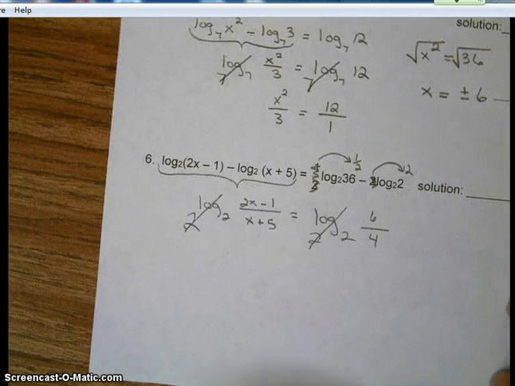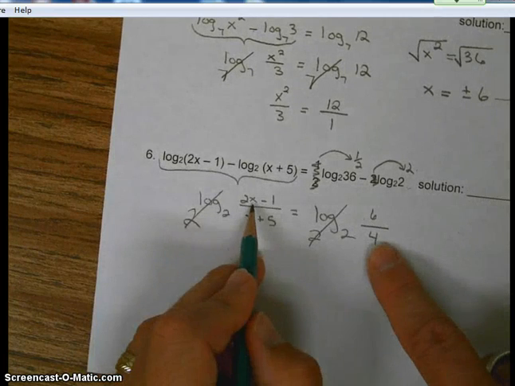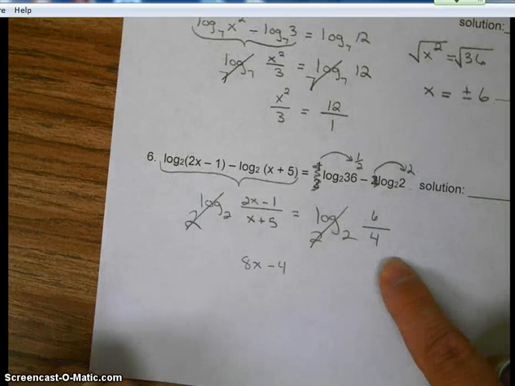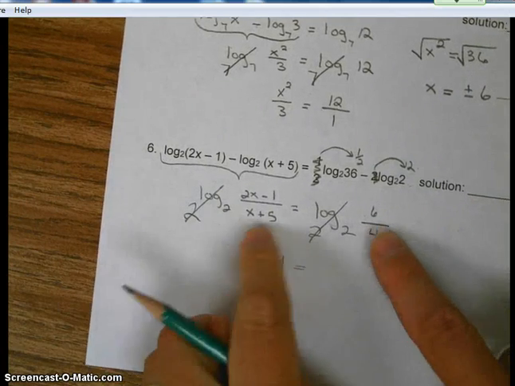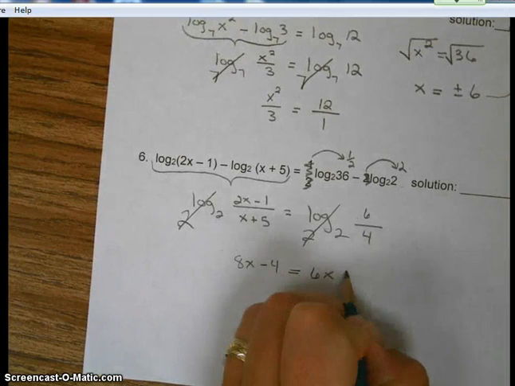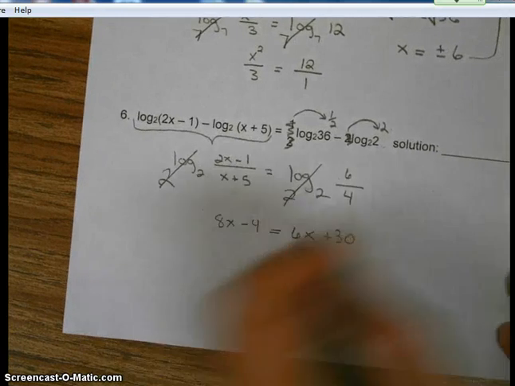Let's go ahead and solve this proportion, cross multiply. So 2x minus 1 times 4. Cross multiply. 6 times x plus 5. And I'll let you finish that one.